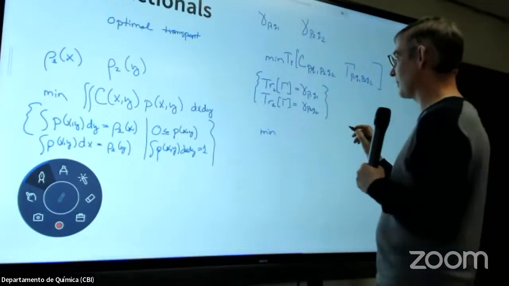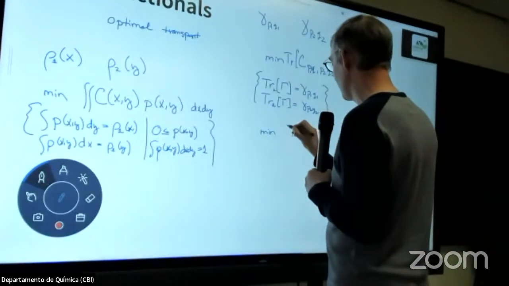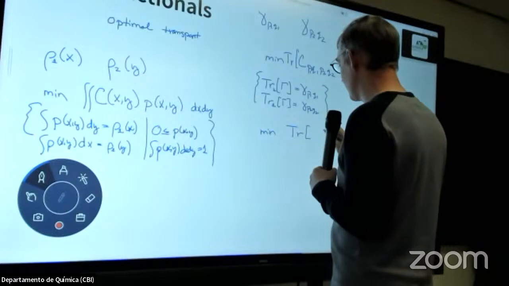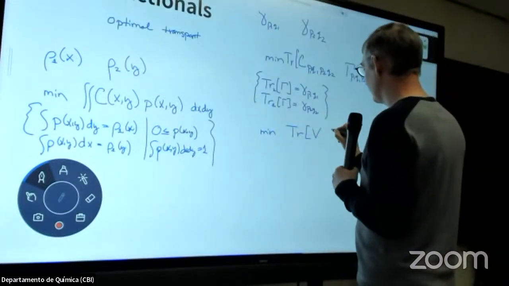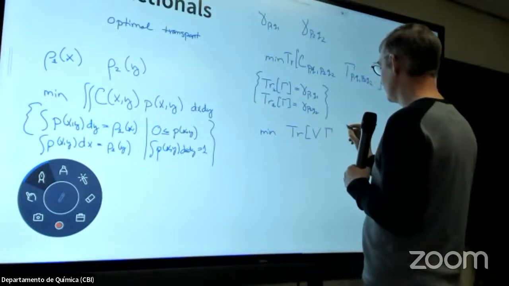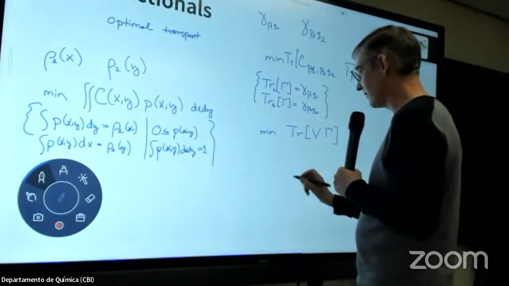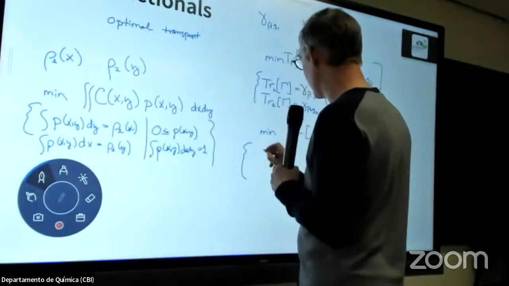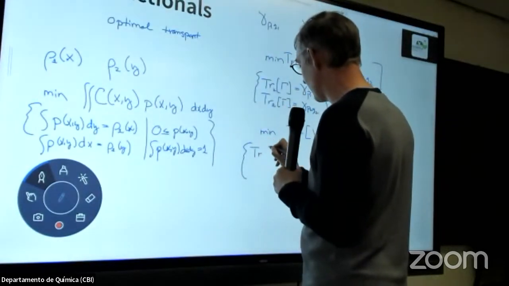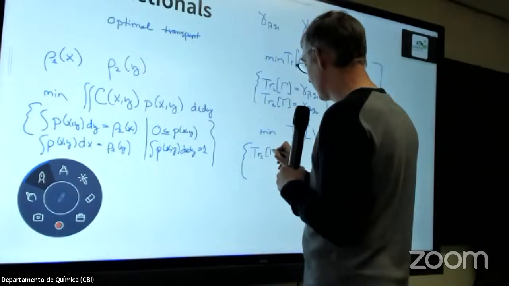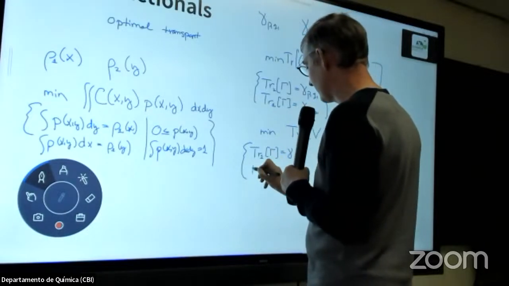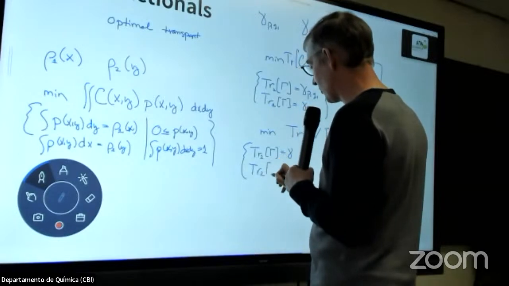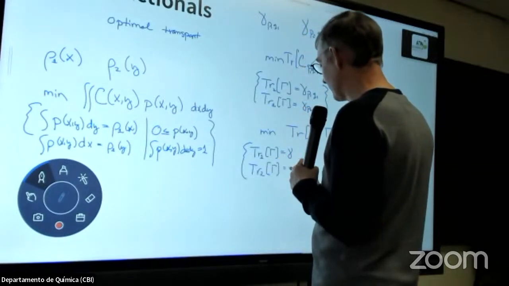If I say what I want to do is minimize the trace of V times gamma, subject to a constraint that the trace over 1 of gamma is gamma, the trace over the second part of gamma is also gamma.